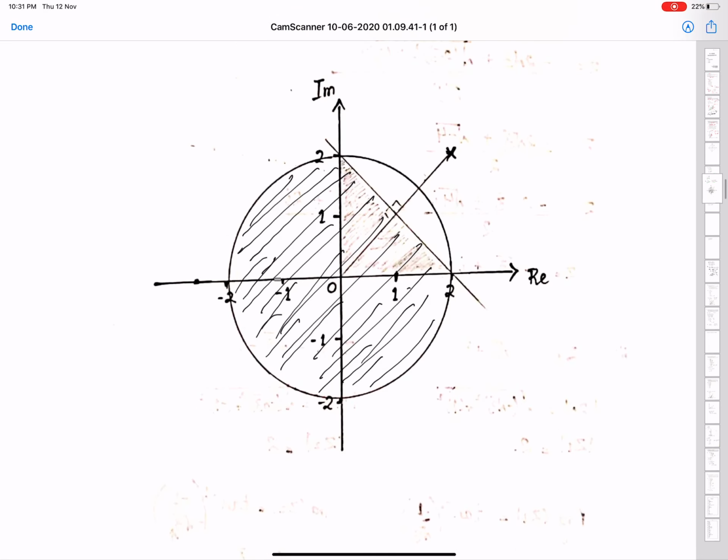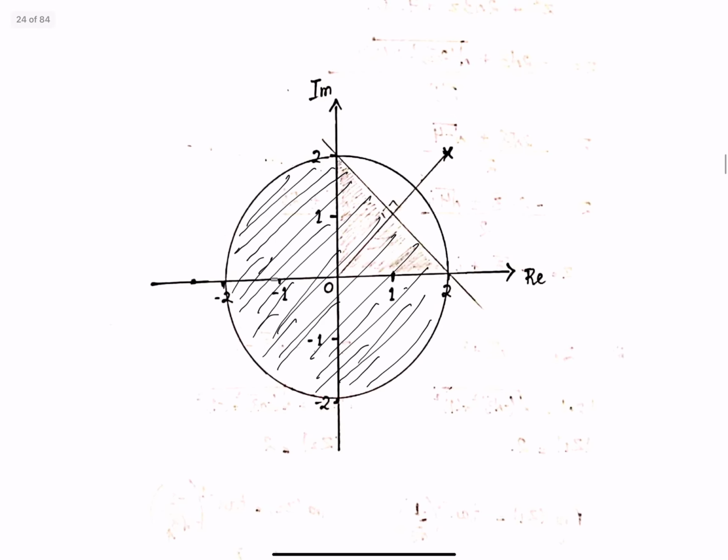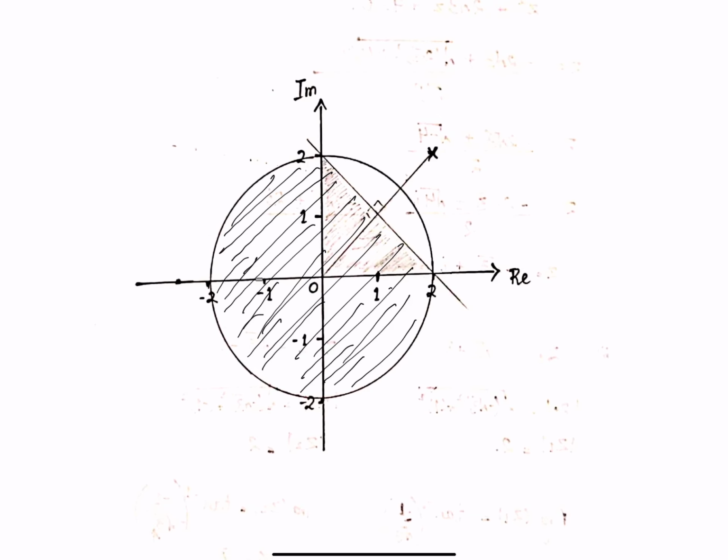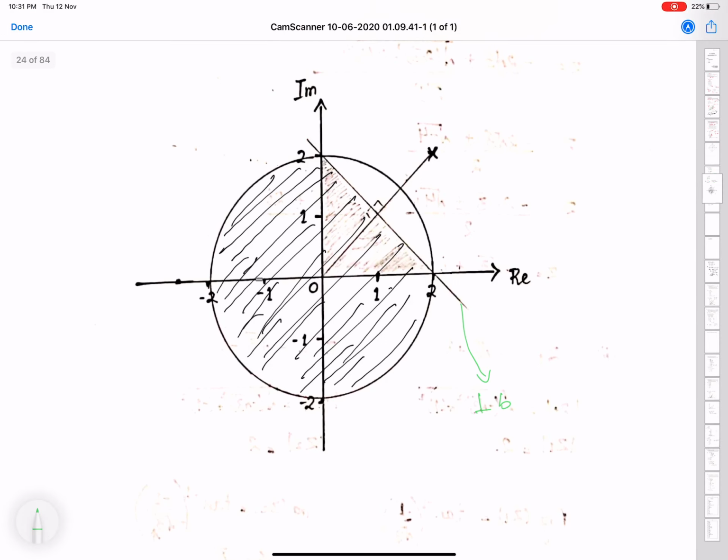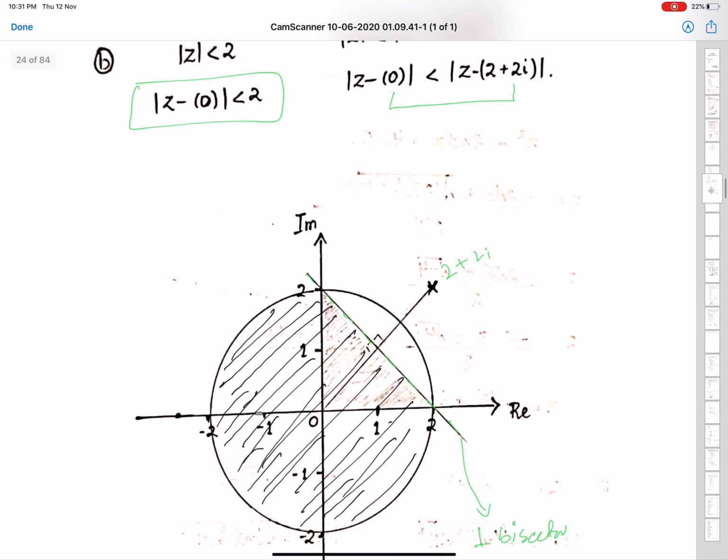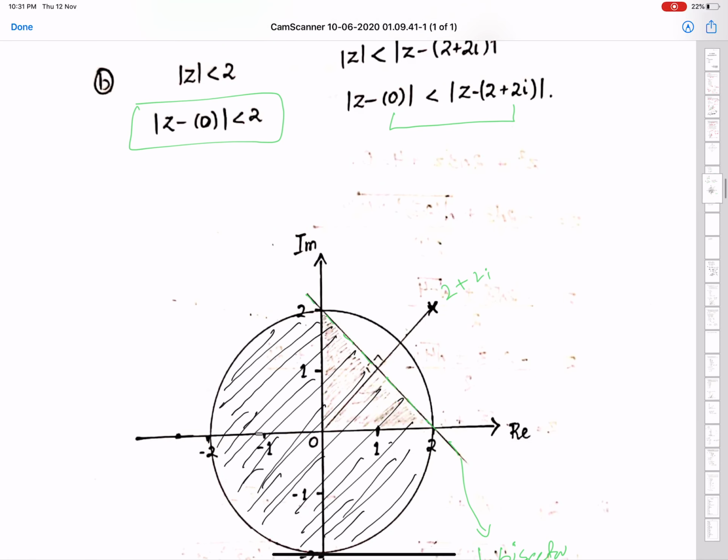This is 2, but make sure this is the bisector. And this should be broken because we don't have an equal sign in the inequality. So this is the bisector of 0 and 2 plus 2i. Let me check this. Yeah, it's 2 plus 2i.